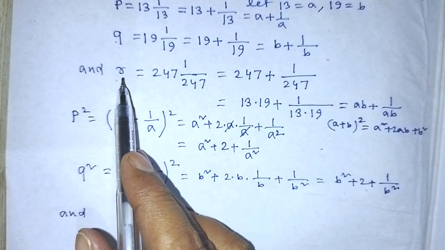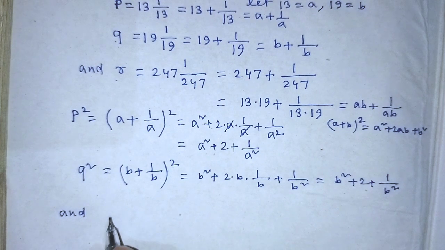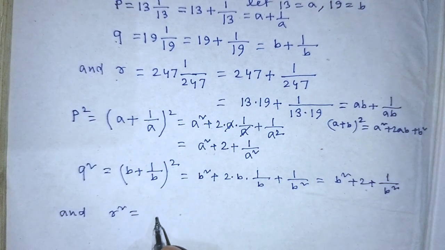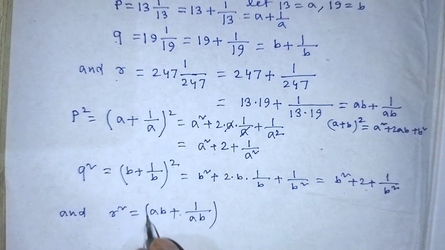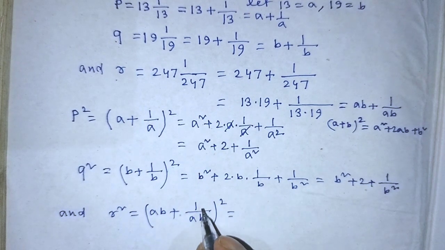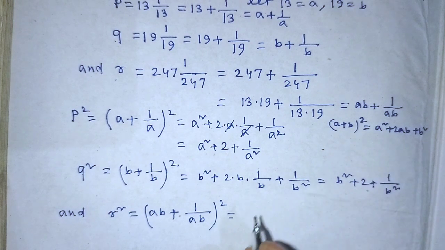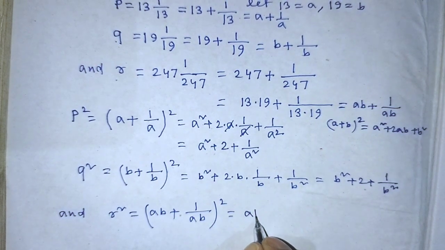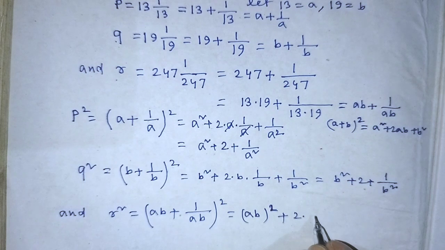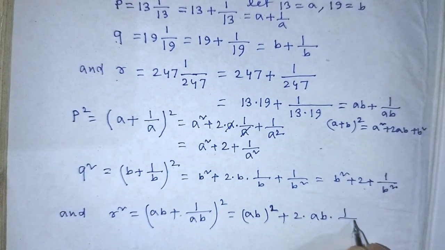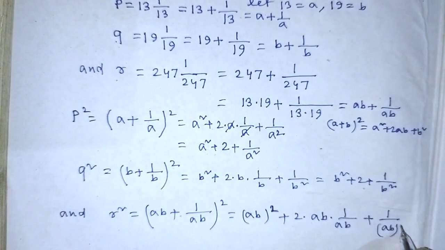So student, the value of R is equal to AB plus 1 over AB. So we can write in here R square is equal to AB plus 1 over AB whole to the power 2. To find the value of these algebraic expressions, we have to apply this formula. So student, according to this formula, we can write from this algebraic expression A into B whole to the power 2 plus 2 into AB into 1 over AB plus 1 over AB whole square.